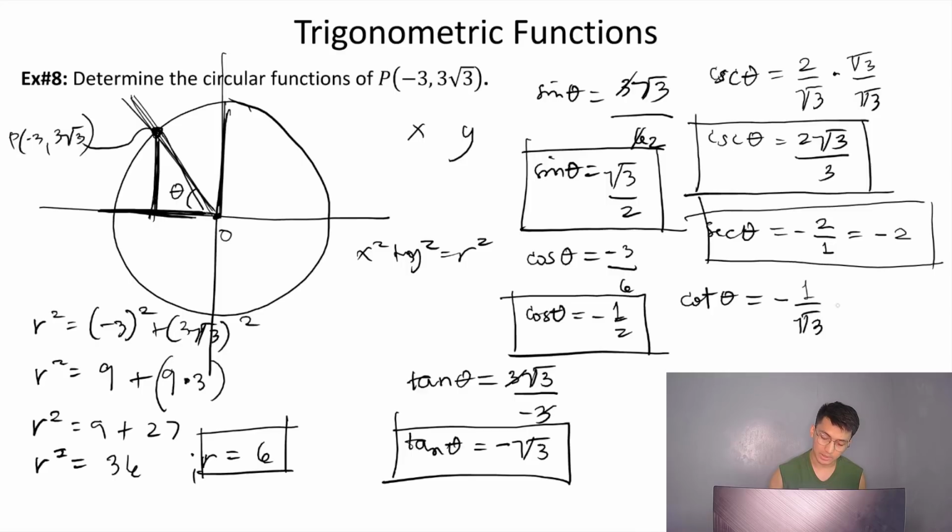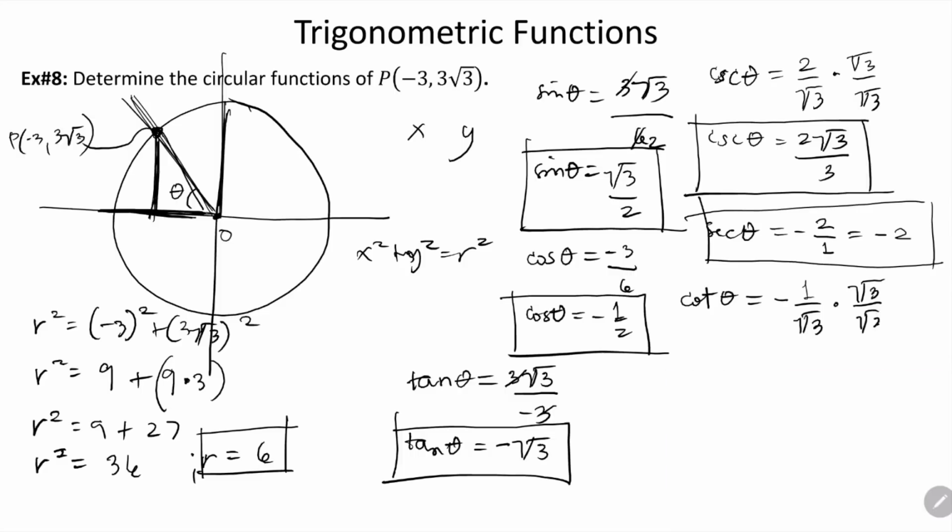And by rationalizing the denominator, we have cotangent theta is equal to negative square root of 3 over 3 na lang. This is the values of the circular functions of the coordinate negative 3 and 3 square root of 3. So that's our example number 8.